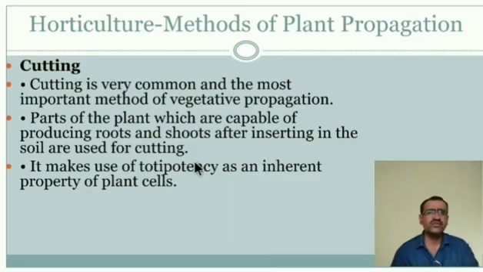It makes use of totipotency as an inherent property of the plant cell. That means the capacity of that specific part to produce a new plant is a property of the plant cell.